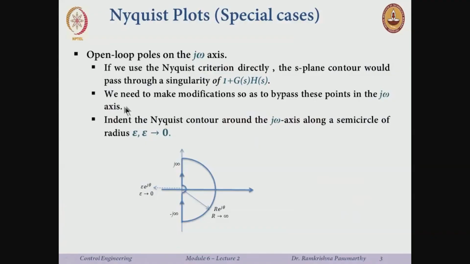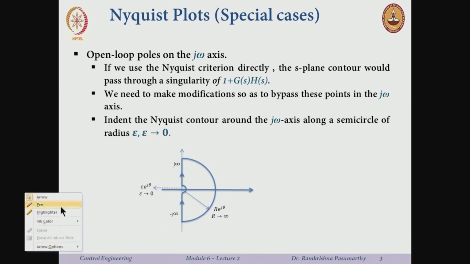We need to make modifications so as to bypass these points on the j omega axis. If there is a pole here, I take a detour, a little semicircle of radius epsilon. The semicircle looks like epsilon e power j theta, and we take the limit as epsilon goes to 0.